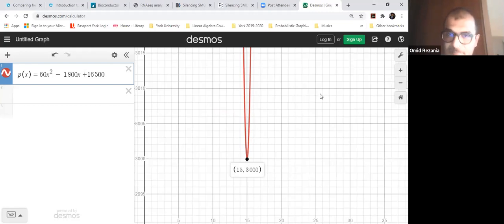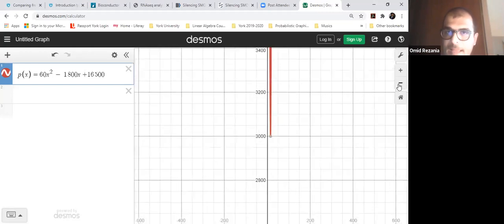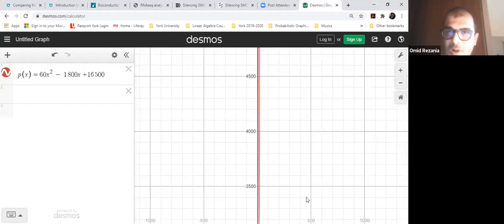It's 15,300. And the function goes all the way up there. It intercepts the y-axis, which is going to be the p-axis, at around 1650.